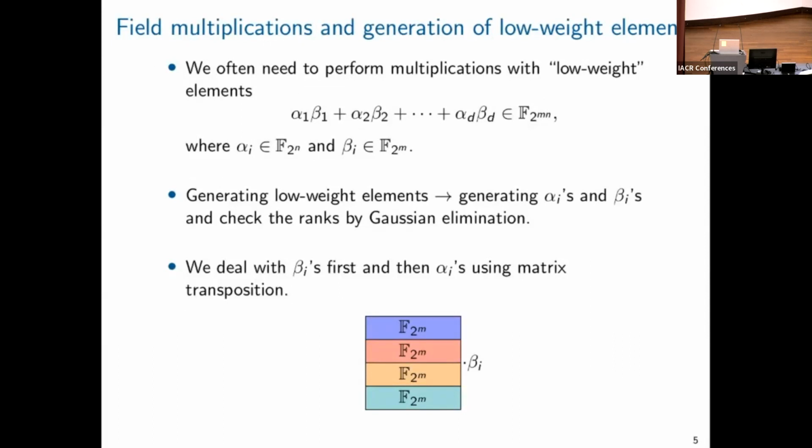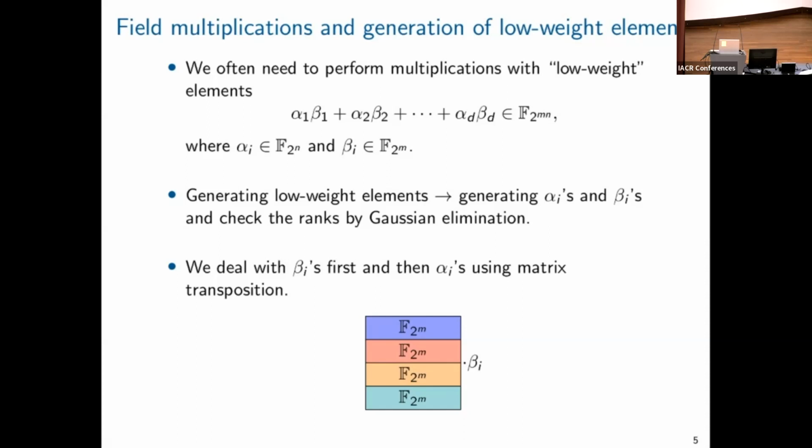For example, we figure out that each low weight element in F_{2^{CN}} can be represented in this form: alpha_1 beta_1 plus alpha_2 beta_2 until alpha_d beta_d, where each alpha_i is an F_{2^{CN}} element and each beta_i is an F_{2^{CM}} element. And this helps us to generate the low weight elements quickly.